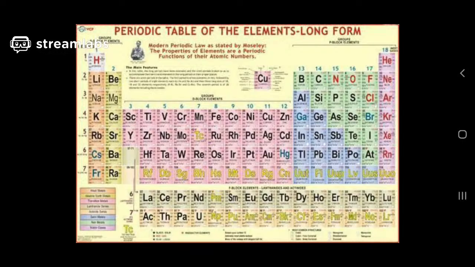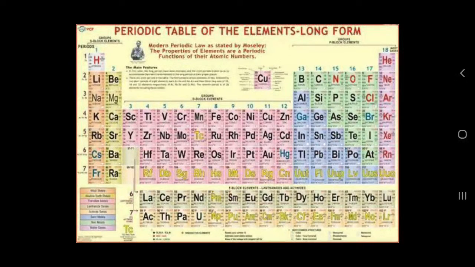Next, come to groups 13, 14, 15. These groups are called the P block. Next, look at groups 3, 4, 5, 6, 7, 8, 9, 10, 11, 12. From group 3 to 12, these groups are called the D block.